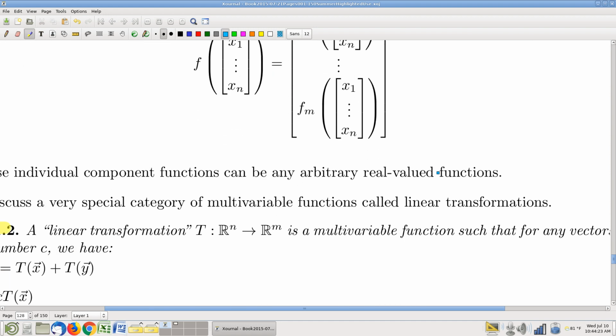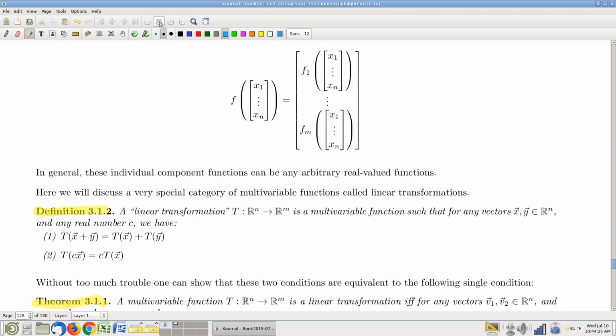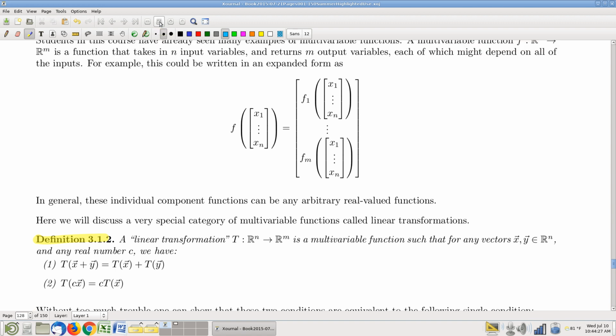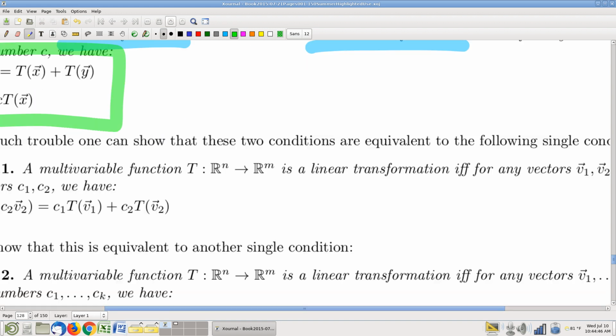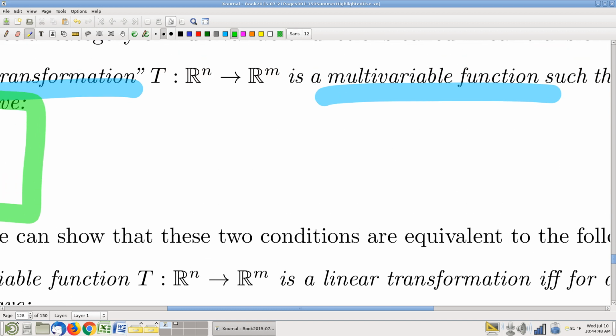And with that in mind, here's the definition of a linear transformation. I'll do it like this. Linear transformation. It's a multivariable function that has these two seemingly innocent little properties. And let me zoom in so I can focus on these.